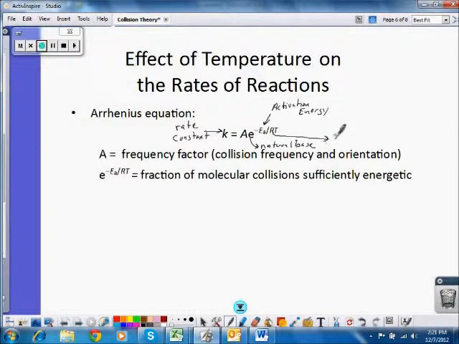R is the gas law constant. And since we're dealing with activation energy, we're going to use 8.31 joules per mole Kelvin, which makes T Kelvin temperature.